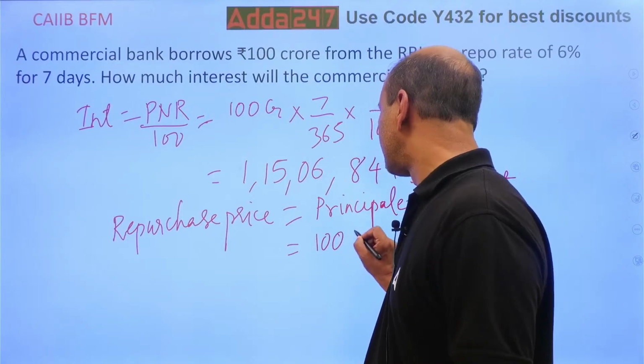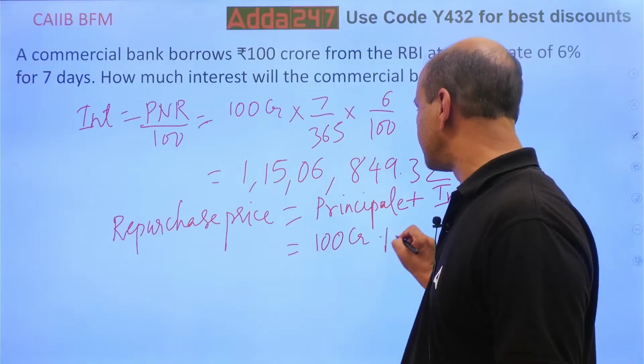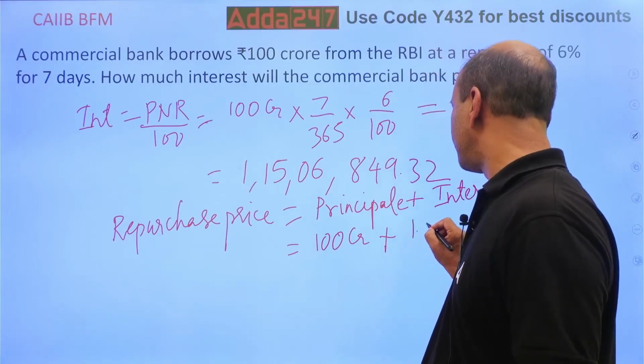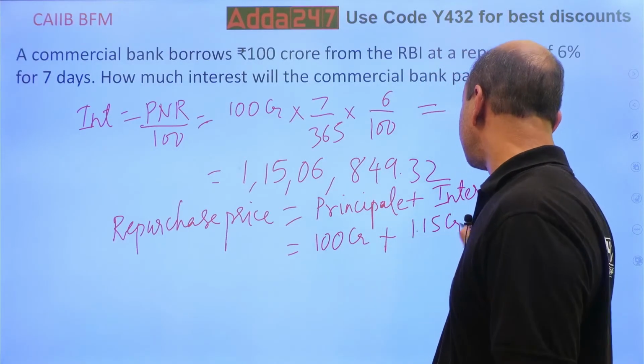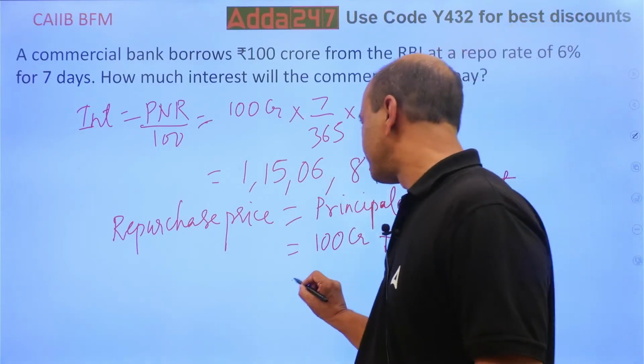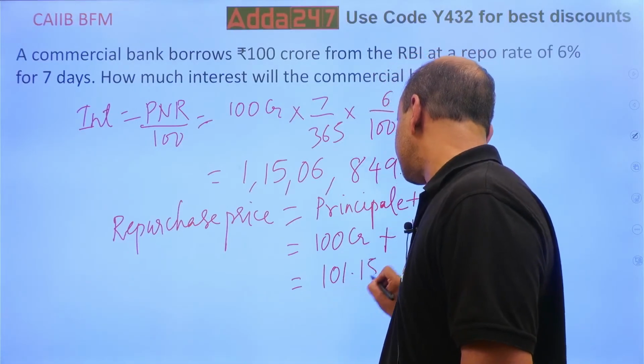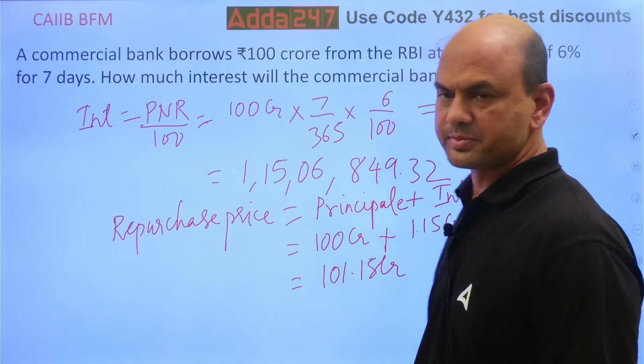I'll just write it as crore now because too many zeros are there. Plus this interest, 1.15 CR. So it is 101.15 CR. This much will be the repurchase price.